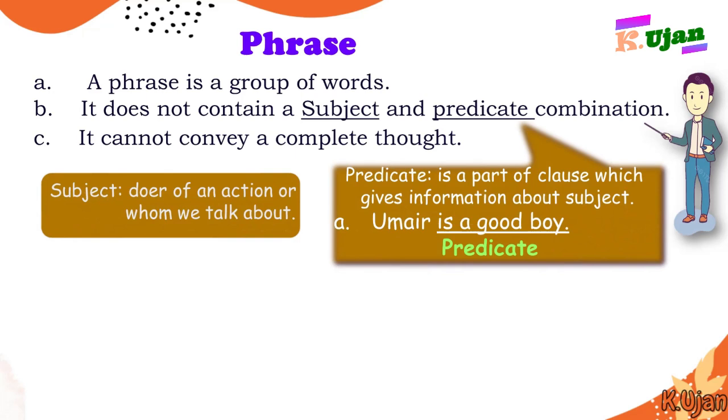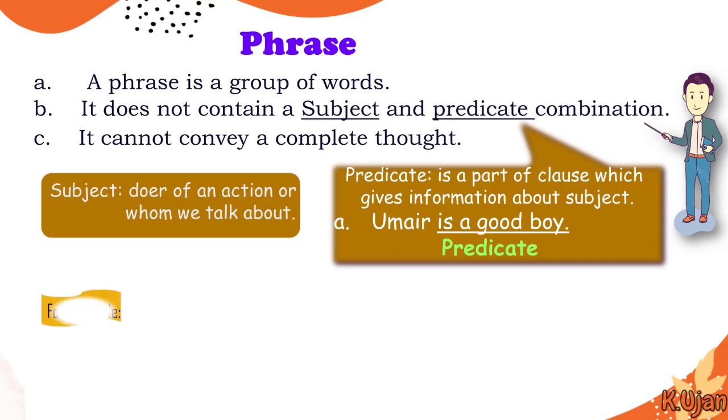Like Umair is a good boy. So Umair is a subject and is a good boy is predicate. So without the subject, the whole part is known as a predicate. So a phrase is either the part of predicate or it is going to be the part of a subject.